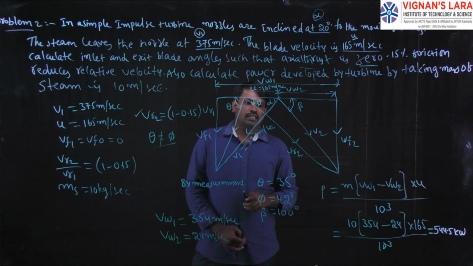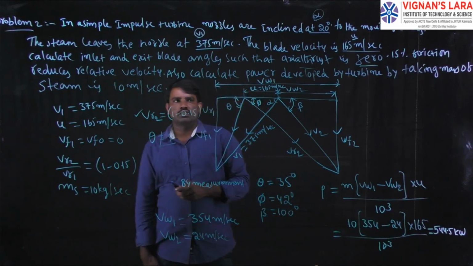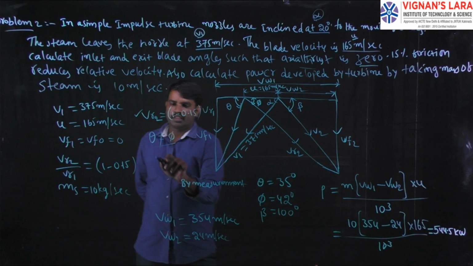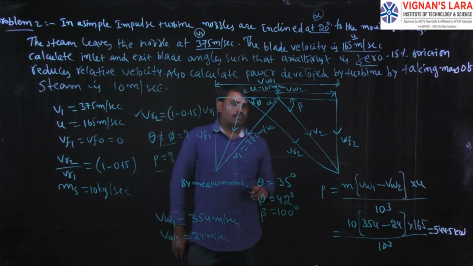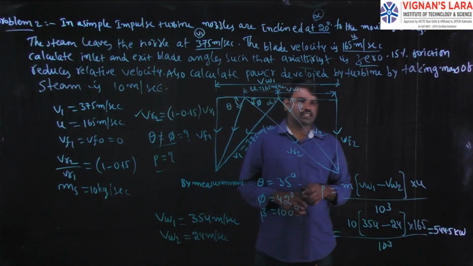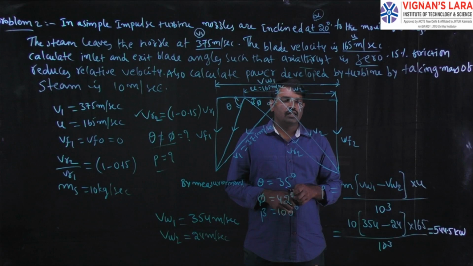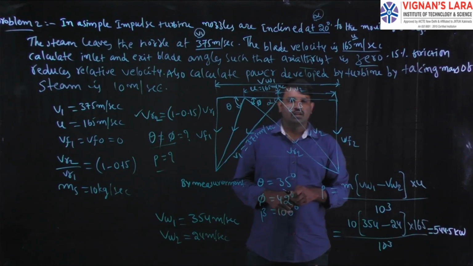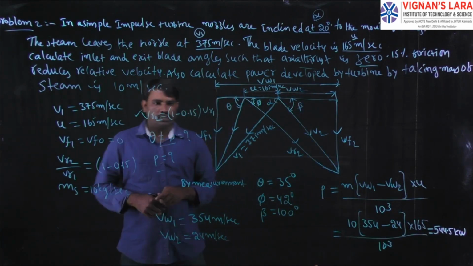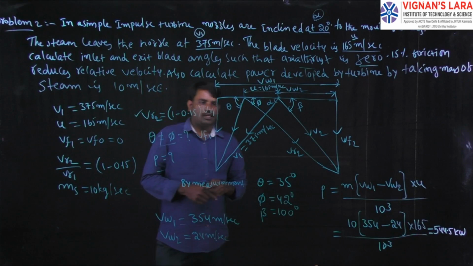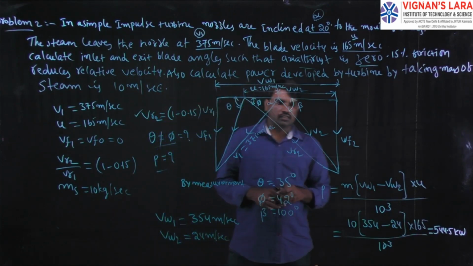You have to calculate theta and phi, the relative velocity at exit considering the 15% friction losses, and the power developed by the turbine.